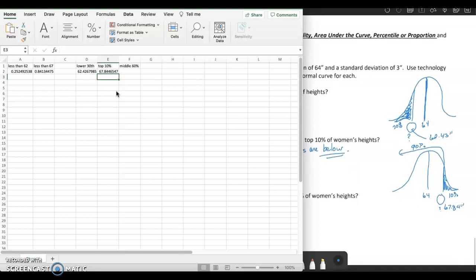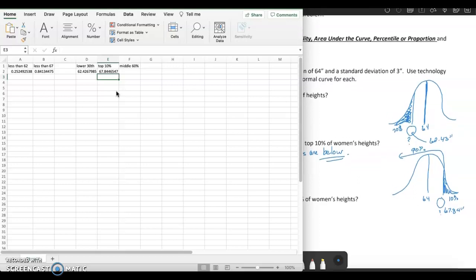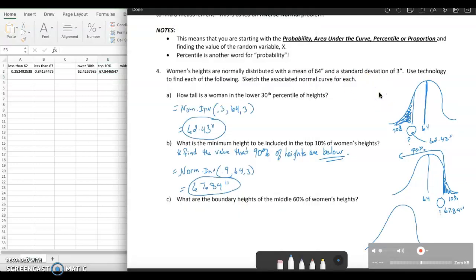What are the boundary heights for the middle 60% of women's heights? Let's think about what that looks like visually as well. If the mean is at 64 here in the center, we want to find the boundary heights so that 60% of the values fall in between.